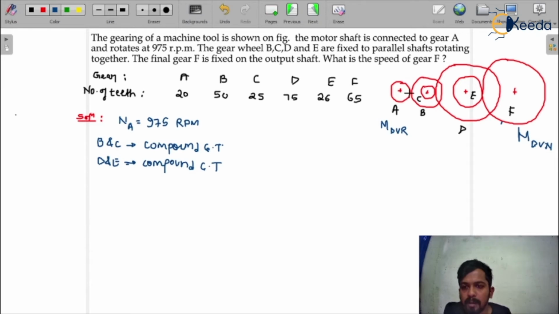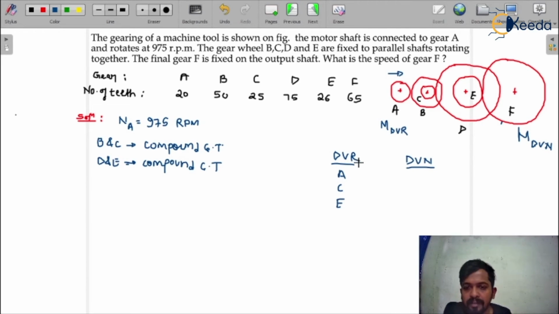If I'm talking about A and B, which one is the driver? I'm writing here driver and driven, because we are going to apply the formula for the velocity ratio, so we have to classify driver and driven. The drivers are A, C and E, because A rotates B and C tries to rotate D; the direction of motion is from here to here.